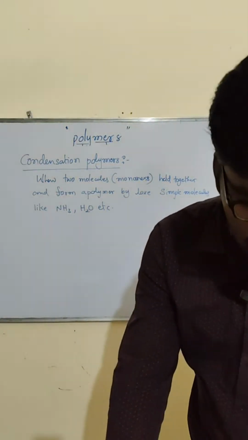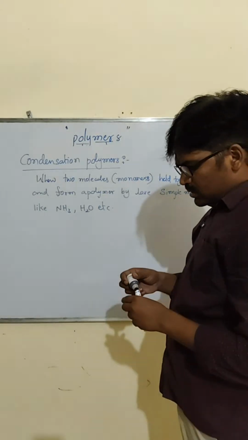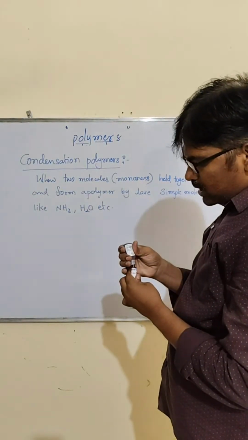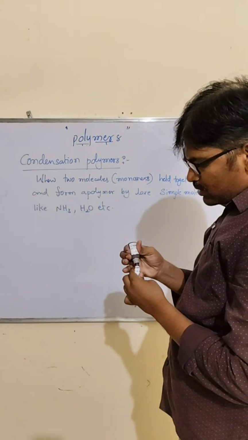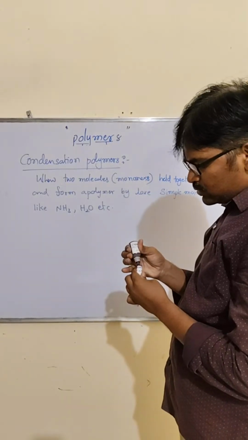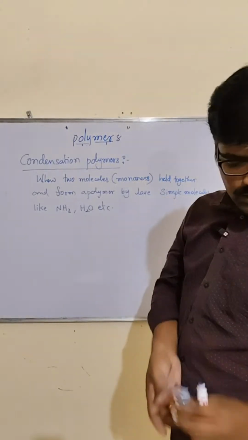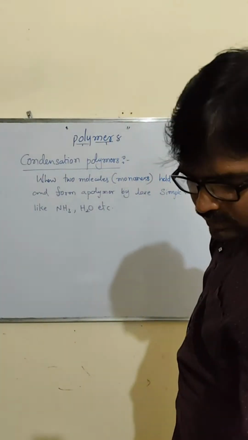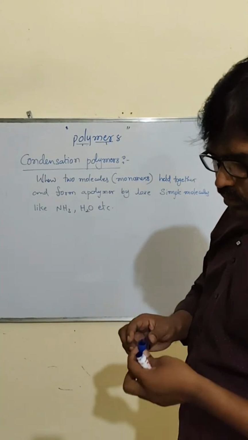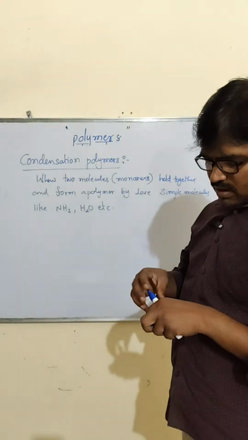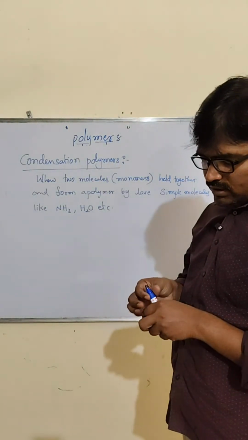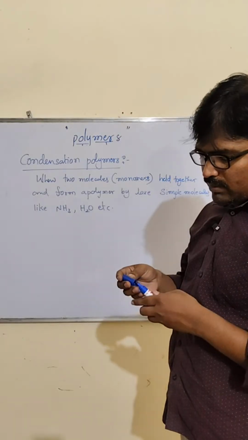సో ఈ కండెన్సేషన్ పాలిమర్స్ ఇందులో కూడా హోమో పాలిమర్ ఉంది, దెన్ అడిషన్ దట్ ఈస్ కో పాలిమర్స్ ఆల్సో ఇస్ దేర్. కో పాలిమర్ అంటే ఇట్ ఈస్ ఫార్మ్డ్ బై two different monomer units, then we call it copolymer.